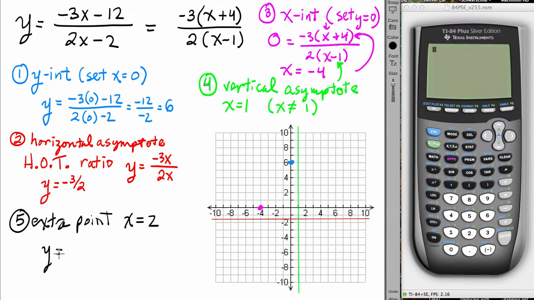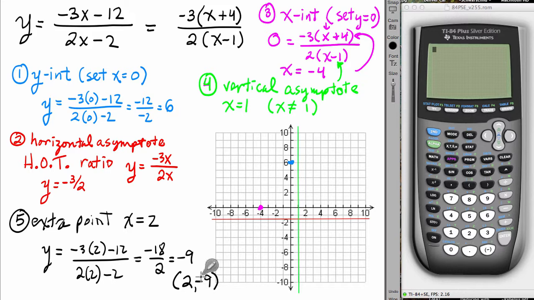So y equals negative 3 times 2 minus 12 over 2 times 2 minus 2 equals negative 18 over 2 equals negative 9. So there will be an extra point to place into our graph at 2 comma negative 9. I'm going to go ahead and put that in right there.